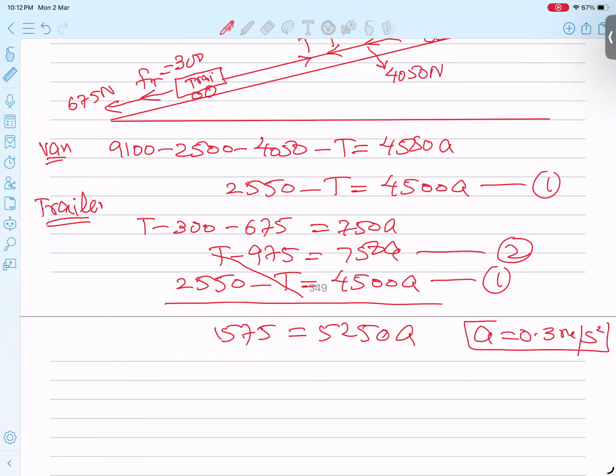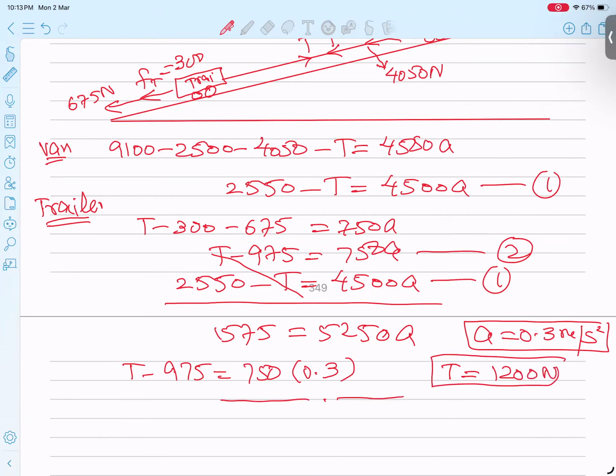And this acceleration, student, I can plug into any one formula. I think I will plug into equation number 2 to get the tension easily. So tension minus 975 equal to 750 times 0.3, and tension becomes 1200 newtons.